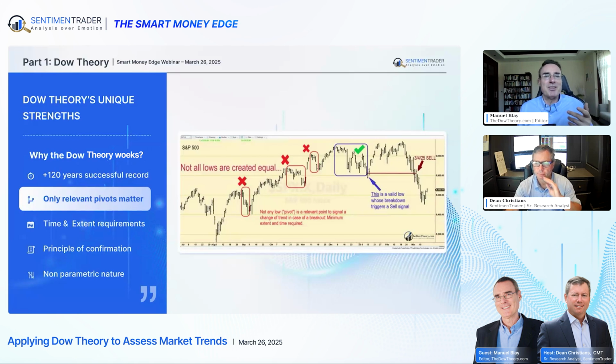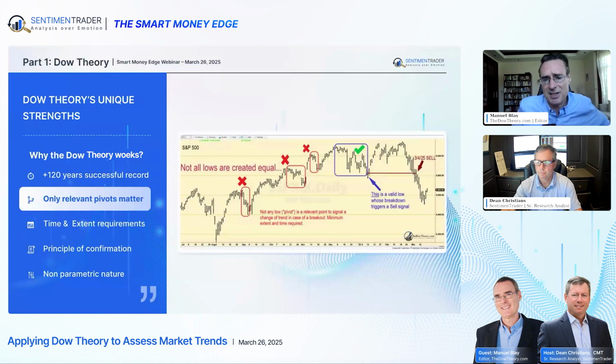And the Dow Theory doesn't depend on parameters. We are not saying, okay, look, it's going to be the 20 days high or the moving average. No, some pivots qualify and some pivots don't. Sometimes it will be a huge pivot, sometimes a tinier pivot. It depends. So the non-parametric nature is another factor of stability when looking forward.